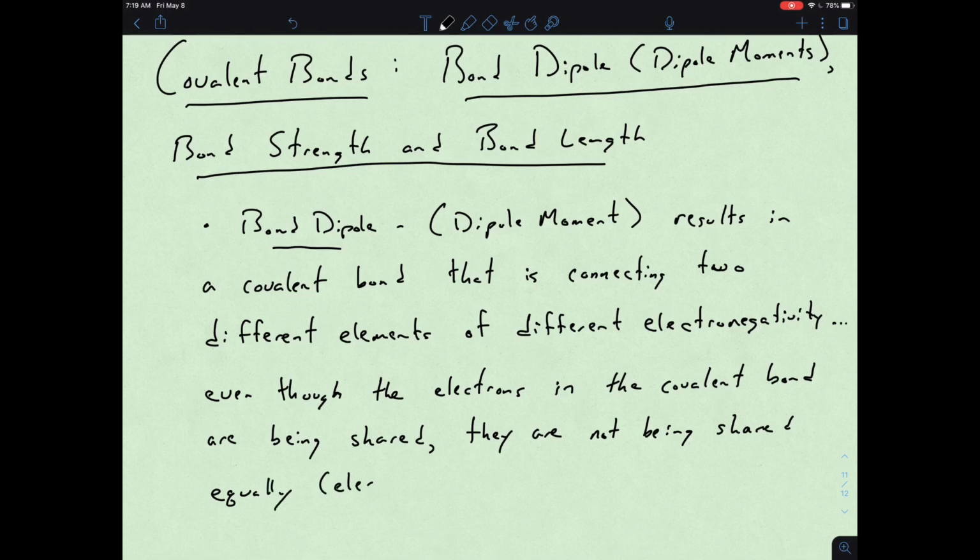Right, and that goes back to that notion of electronegativity and an element's inherent desire to get electrons or pull electrons towards it.